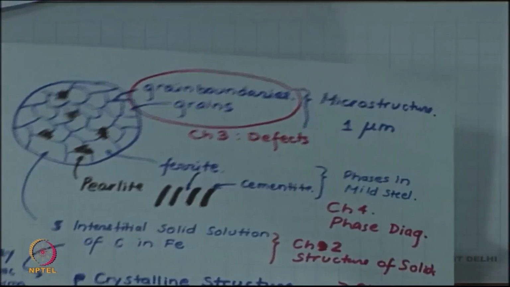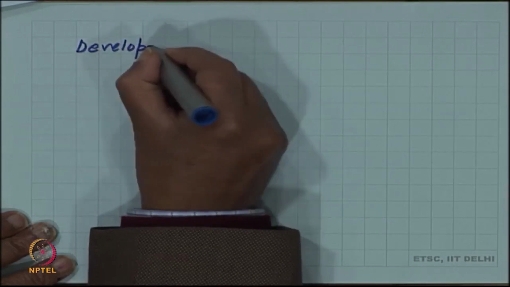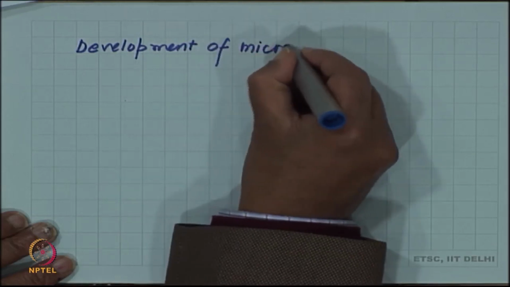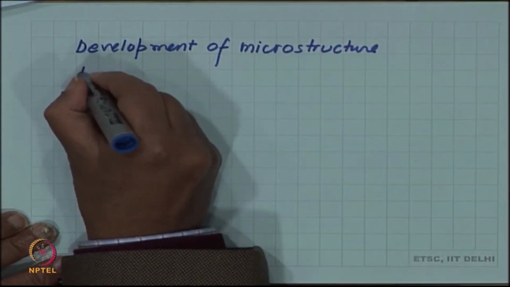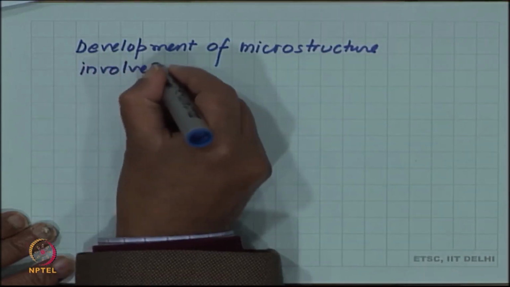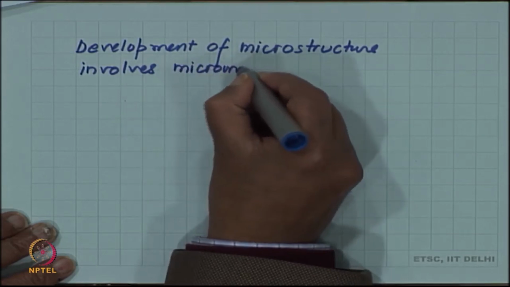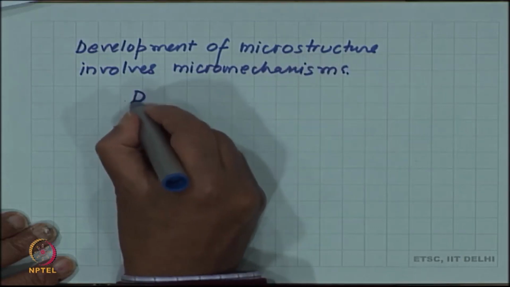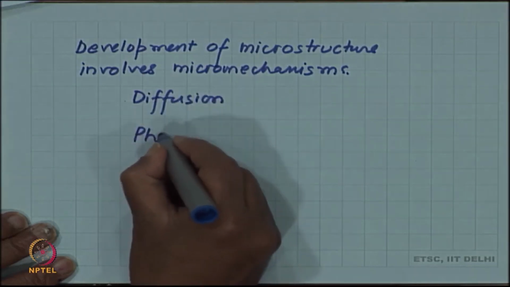But before we do that, let us look at other parts of the course. We looked at the microstructure; its development involves micromechanisms such as diffusion and phase transformations.